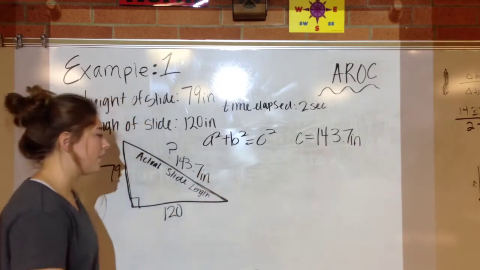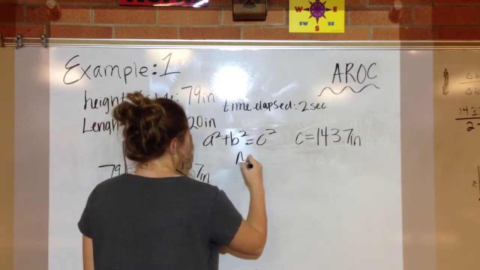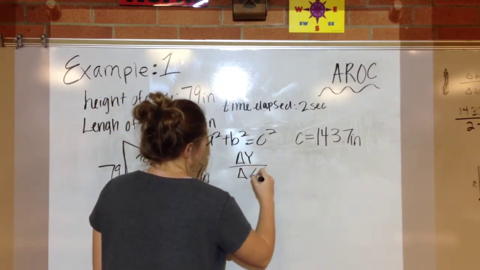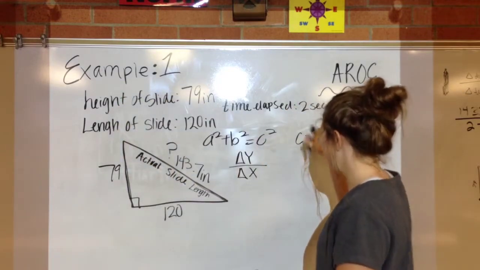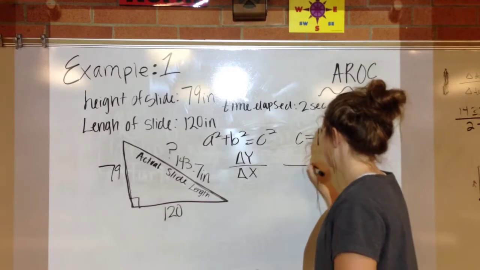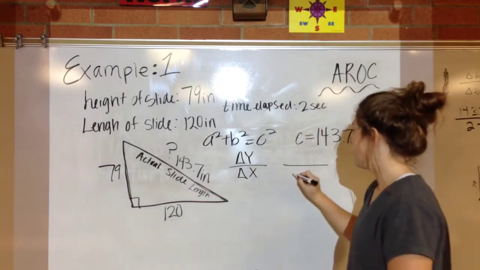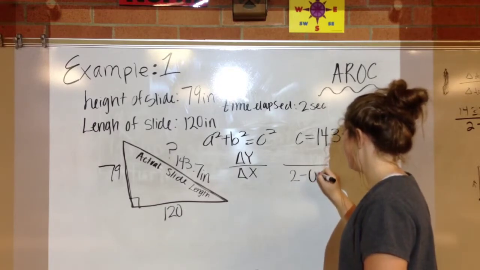So then we need to find the formula, which is the change in y over the change in x. We know that the time elapsed was 2 seconds, so that will go for the x, and it'll be 2 seconds minus 0.